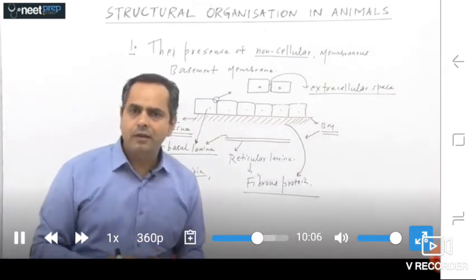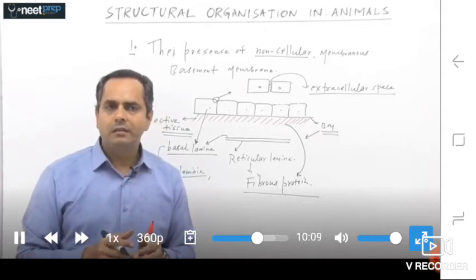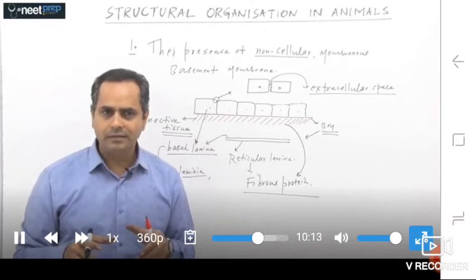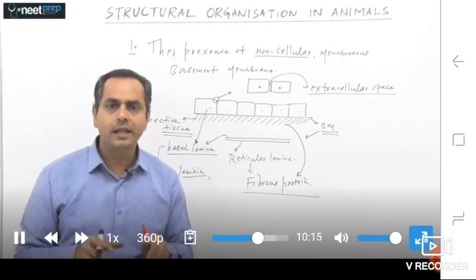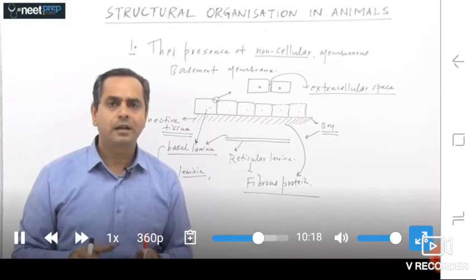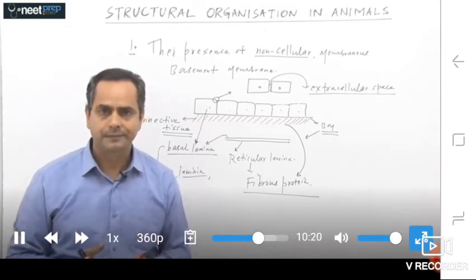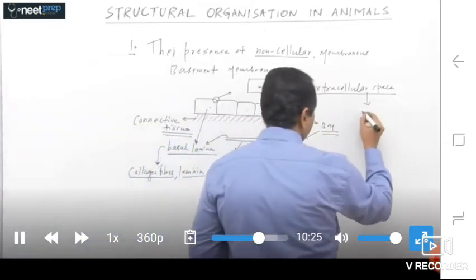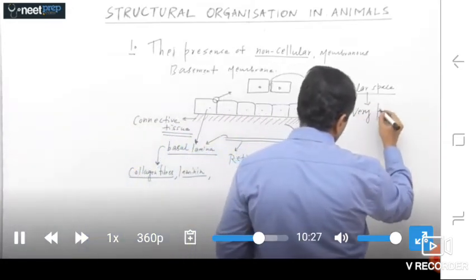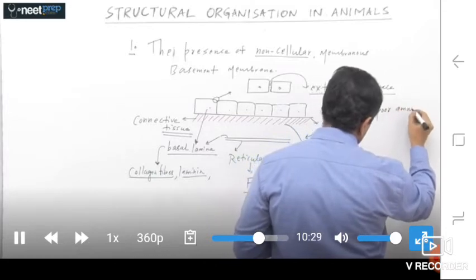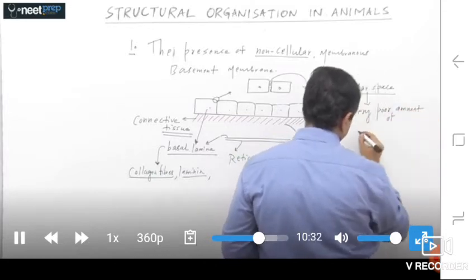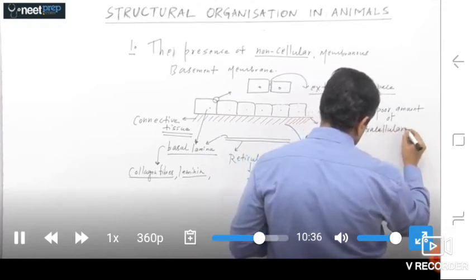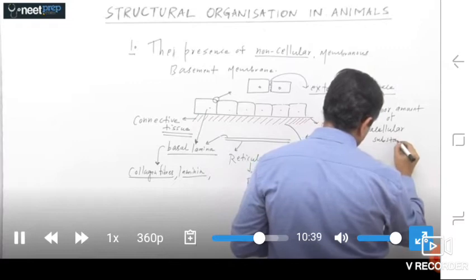That extracellular space is very small in epithelial tissues, and it contains a very poor amount of extracellular substance.